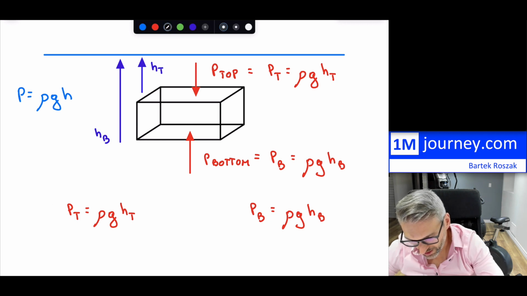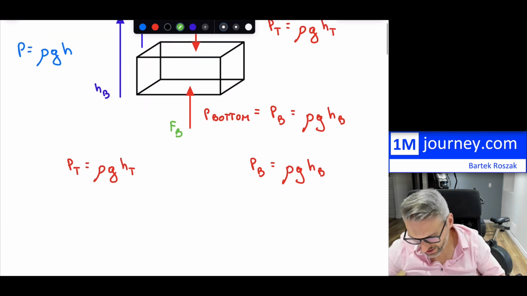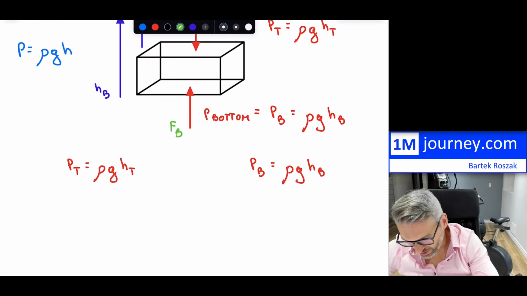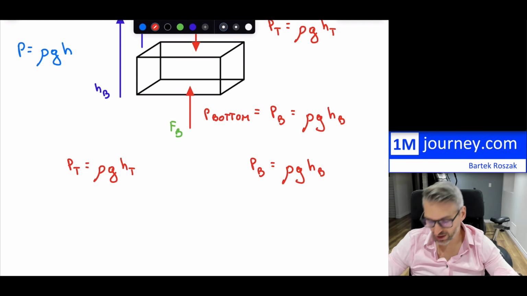So you have this force at the top, and then a force at the bottom, and they're not equal to each other. So what are these particular forces? Well, hold on a second.